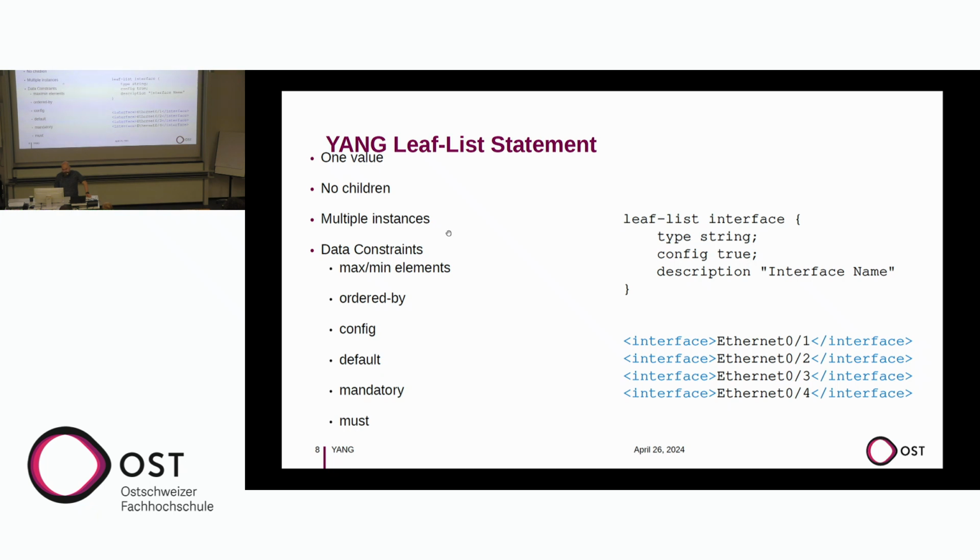All the rest is kind of the same. We also have ordered-by, which is for the list, where we can say how we want to order it, but all the rest is kind of the same as a normal leaf, just a leaf list, another name.